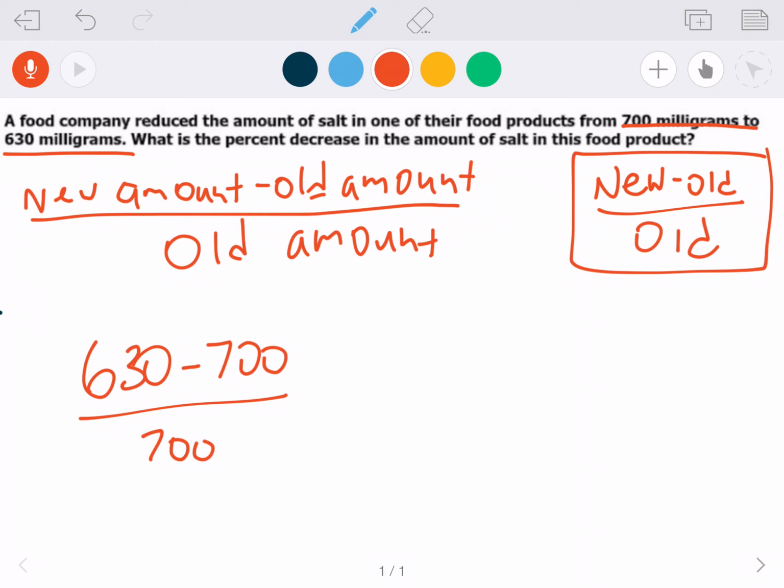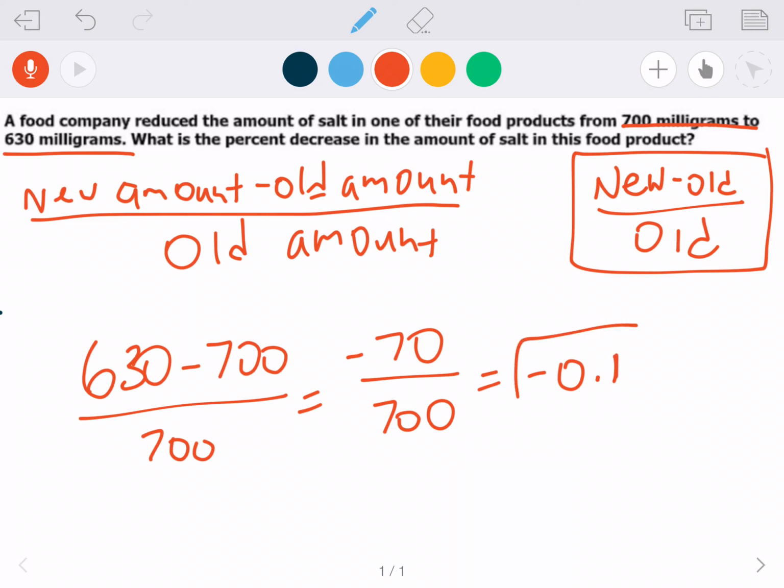So now that we have our formula and we plugged in the numbers in the right spot, now we're just going to subtract 630 minus 700, which is negative 70, over our initial 700, that was our old amount. Now we just need to divide these two, so we have negative 70 divided by 700, which is going to be negative 0.1.